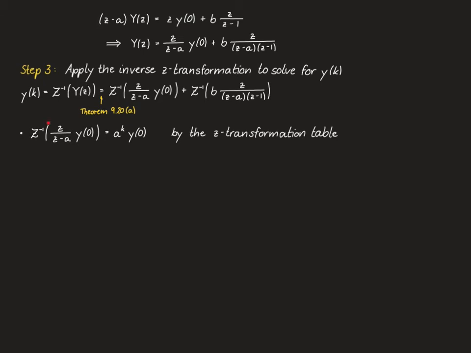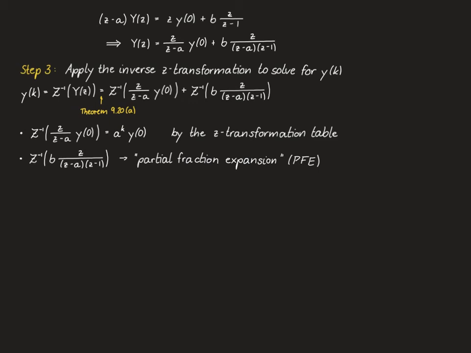The inverse Z-transformation of the first term is obtained by a simple lookup in the Z-transformation table, hence it's equal to a to the power k times y of 0.